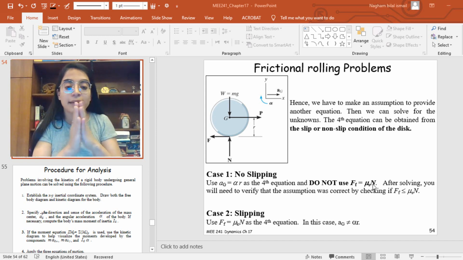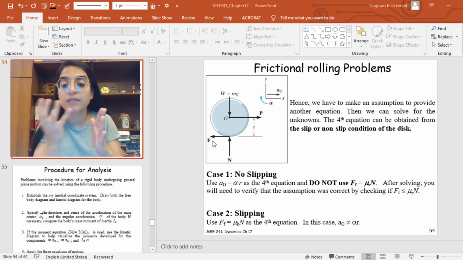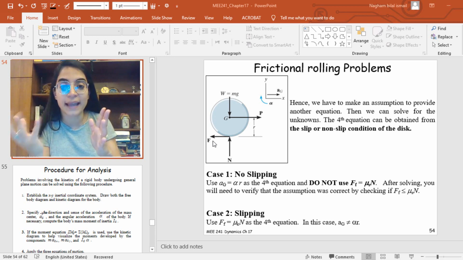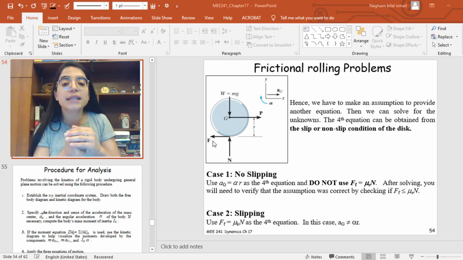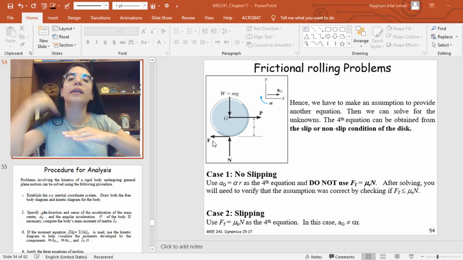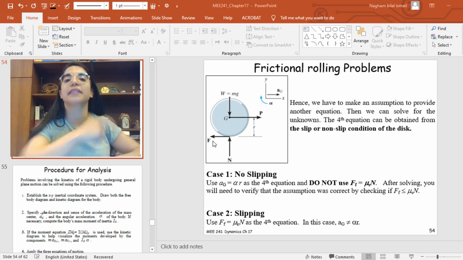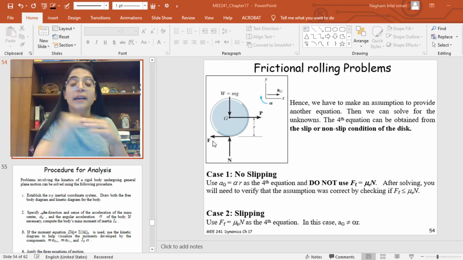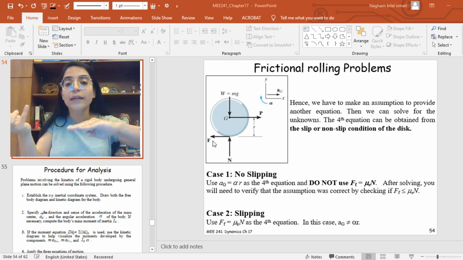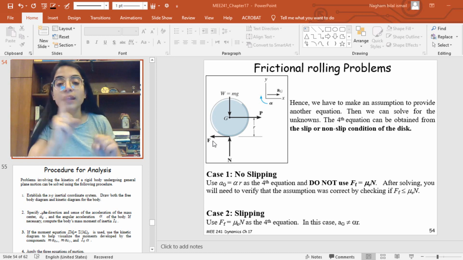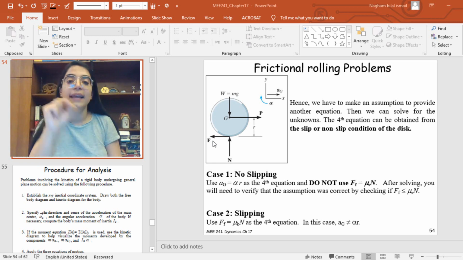So I am in the case where there is no slipping, which means this F here does not overcome the static friction, mu_s times N. Because if F overcomes mu_s times N, then I'm going to have sliding, and I'm going to have the second case where slipping occurs, with a kinetic friction force. So remember, since I don't have sliding, only no slipping rolling, the friction force will not be equal to mu_s times N. It should always be less than mu_s times N in this case.